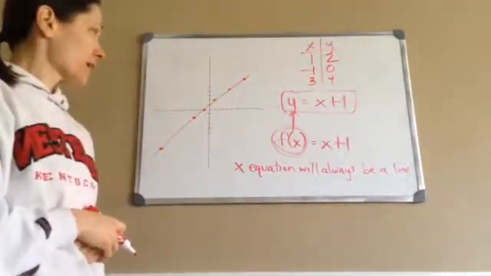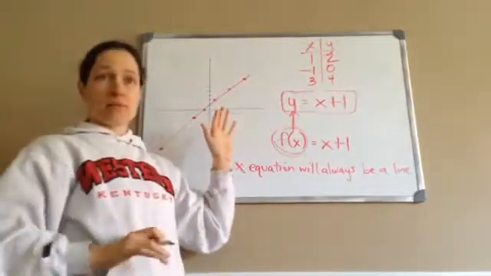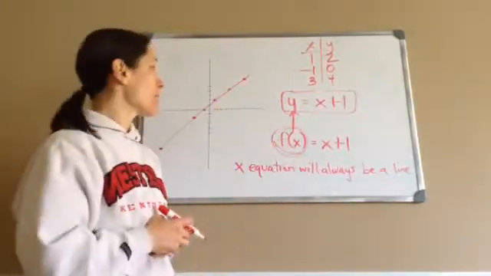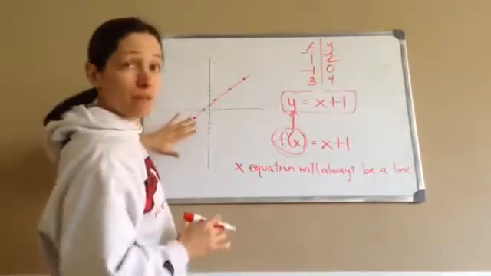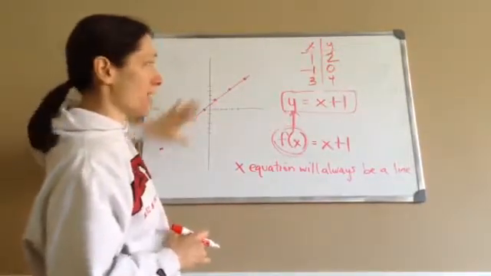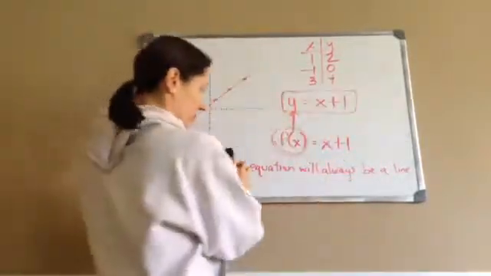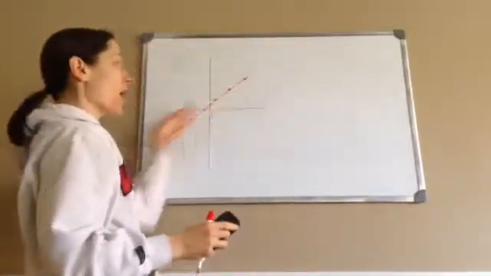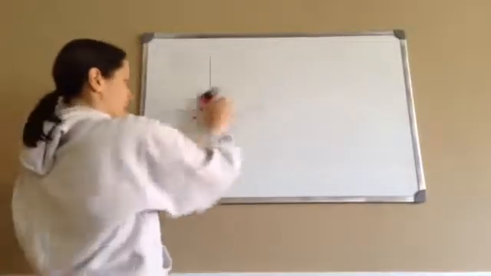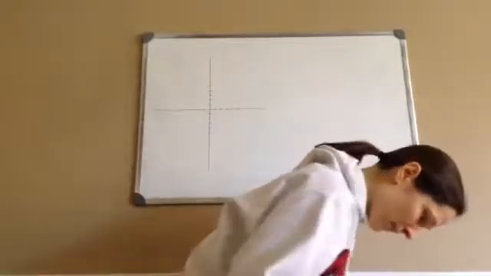Now, the rest of this that I'm teaching you, I'm actually not going to perform and graph them. I'm just going to show you. I may do one of each. This next part is where we're learning to graph nonlinear, not lines. So stay with me.